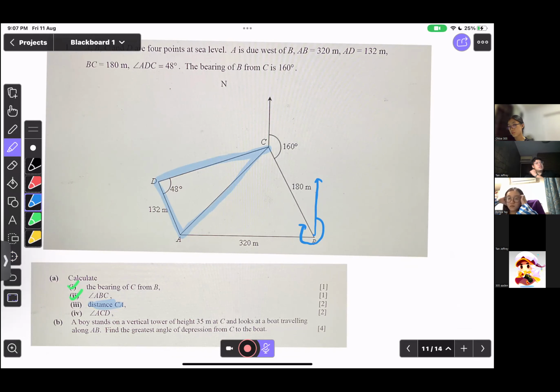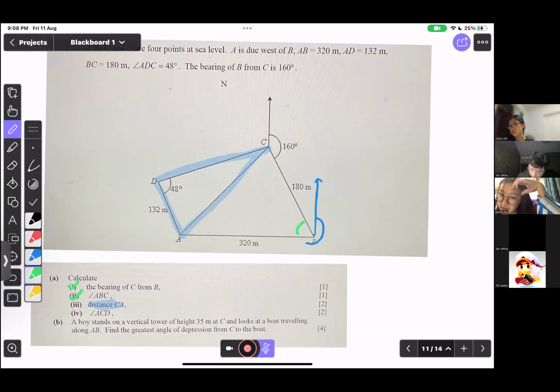So this is 48. You have found ABC, right? ABC is 70 degree. Can you use sine rule? I mean cosine rule. Yeah, you can just use cosine rule. Look at the red color triangle, CAB.